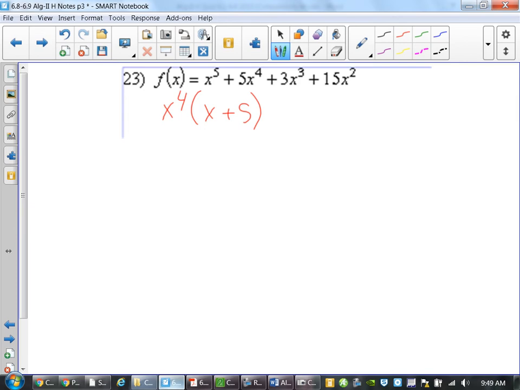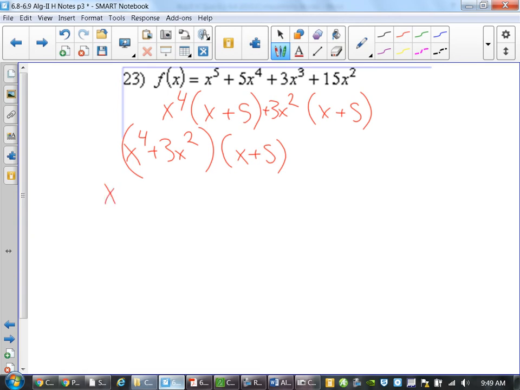Take out the 3x squared, and I still get an x plus 5. So what happens now is you get x to the 4th plus 3x squared and an x plus 5. Here, what could you do? Take out the x squared, and that's where you get that multiplicity of 2 here.